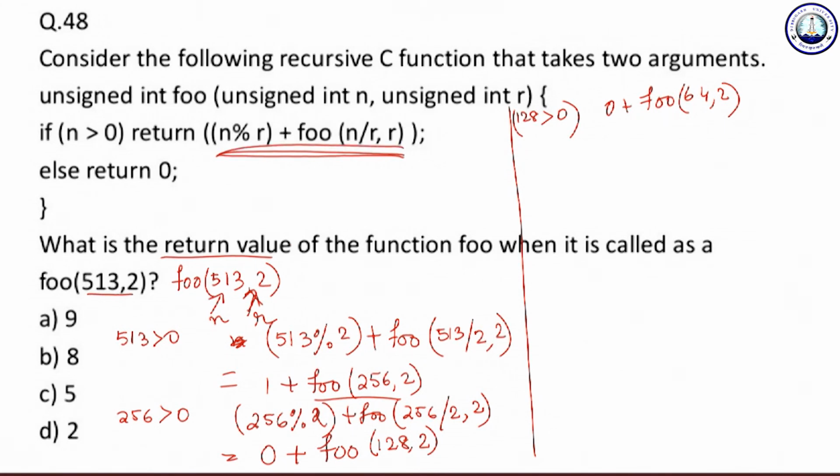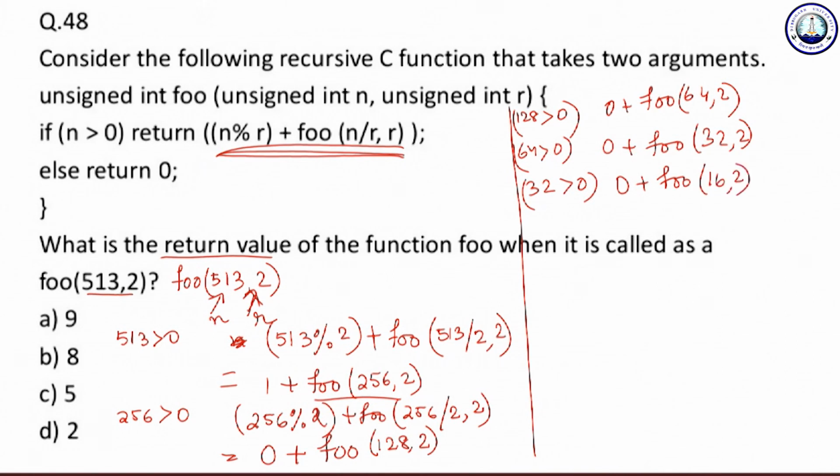Then repeating it again, for 64, 64 is greater than 0, so it will be 0 plus foo of 32, 2, then 32 greater than 0, it will be 0 plus foo of 16, 2.